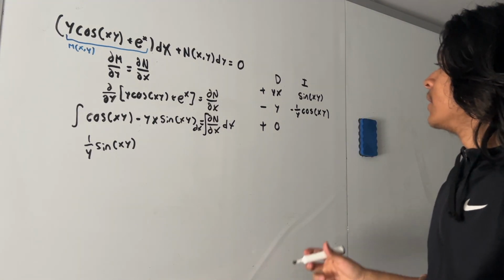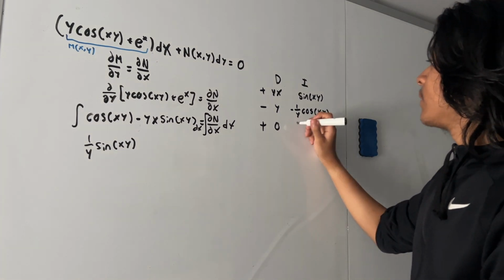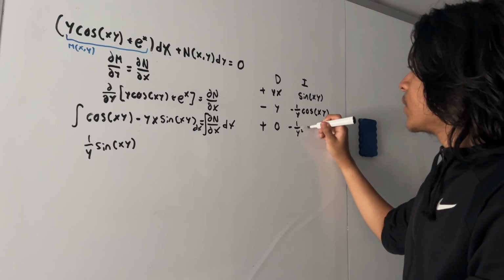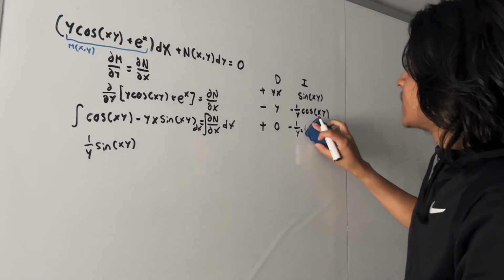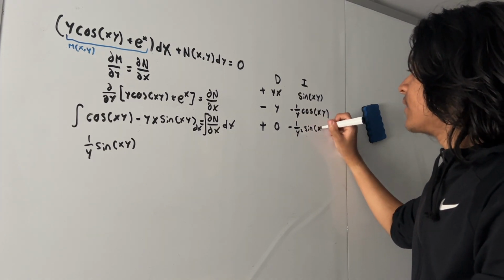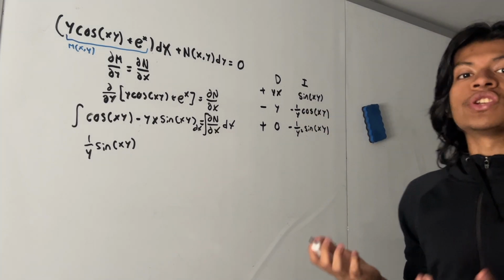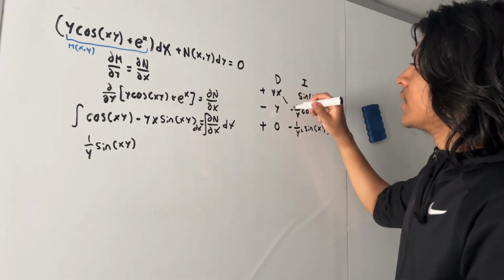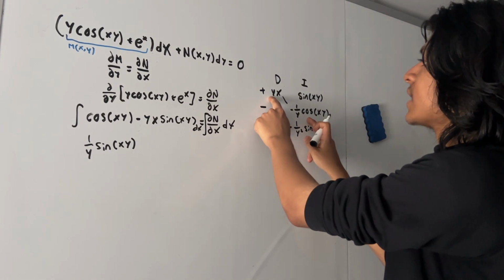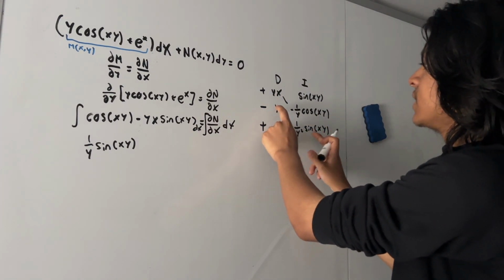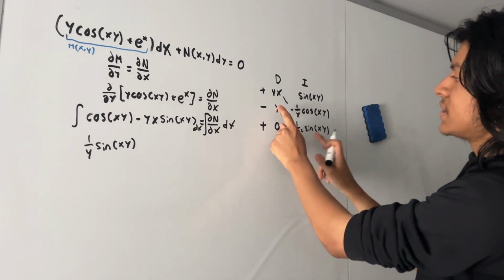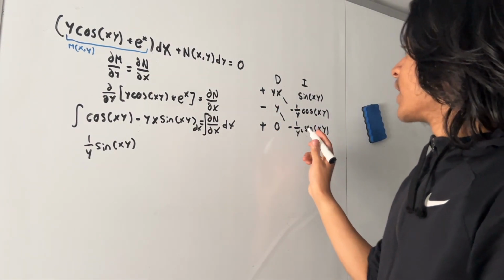When we integrate again, we're going to get negative 1 over y squared sine of x y. So our solution for this integral is going to be here in the diagonals. We're just going to multiply these two together plus the product of these two.